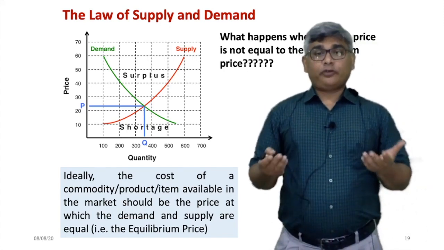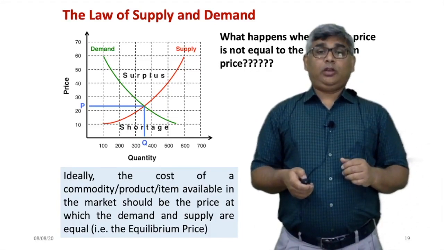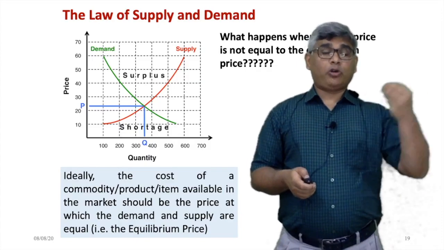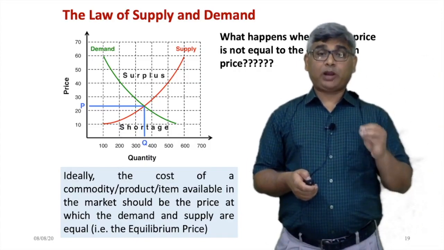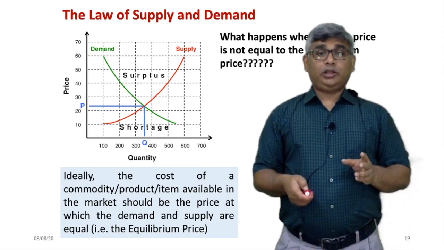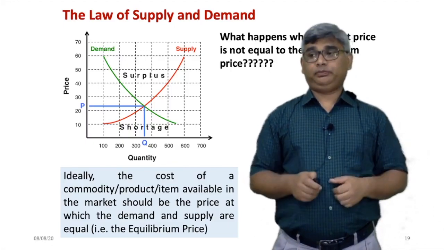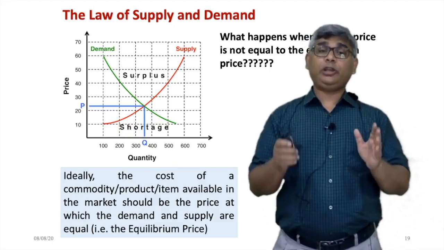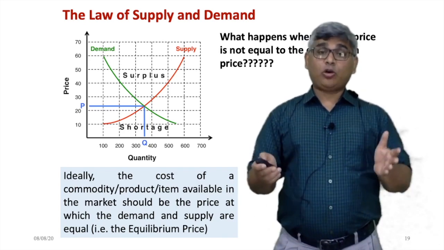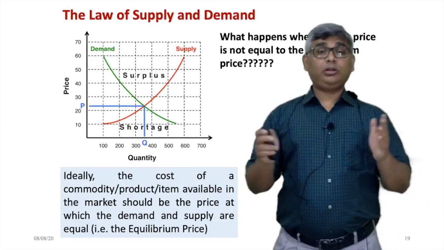What this law of supply and demand states is that ideally, when we purchase any product from the market, its price should be the one at which supply and demand are both equal.